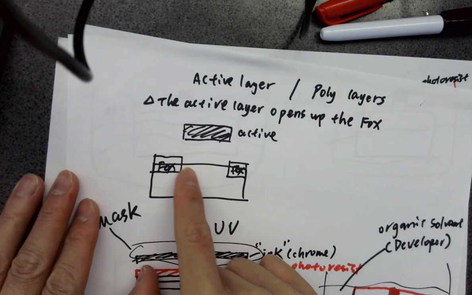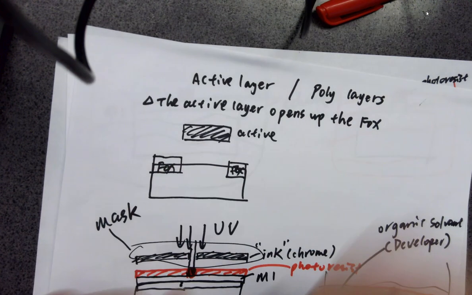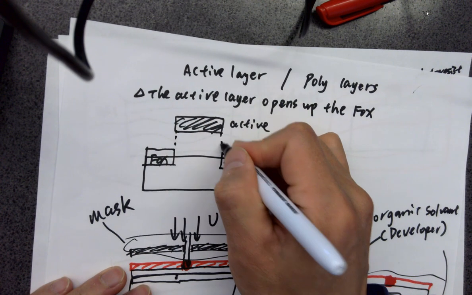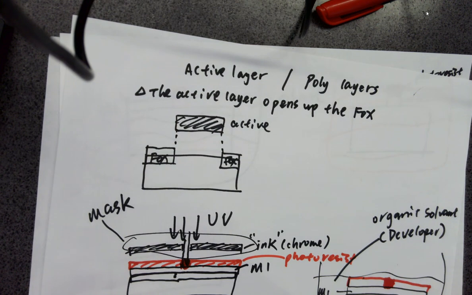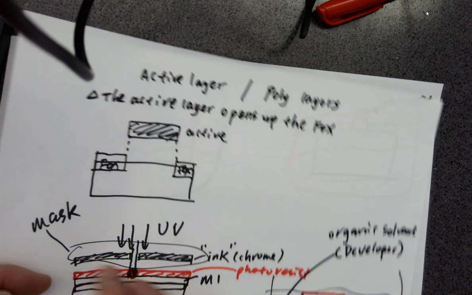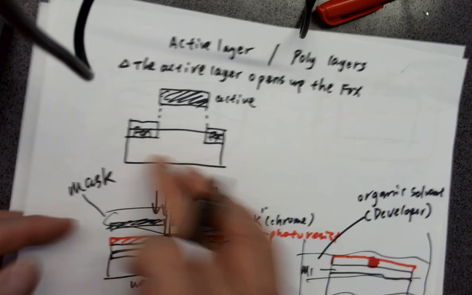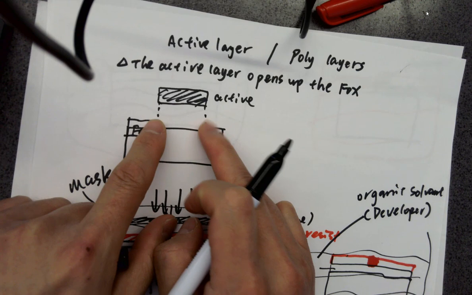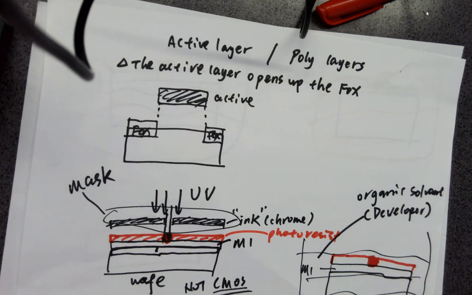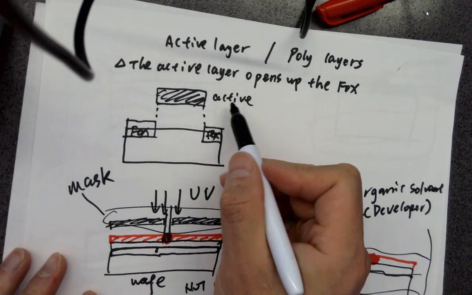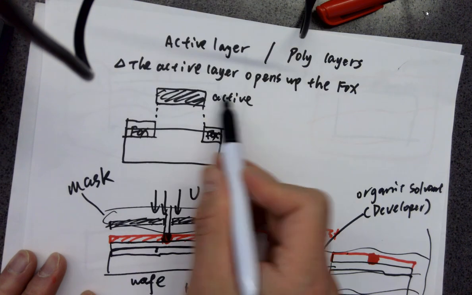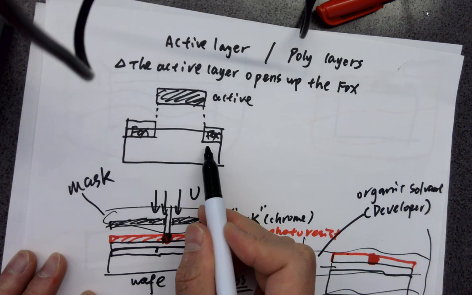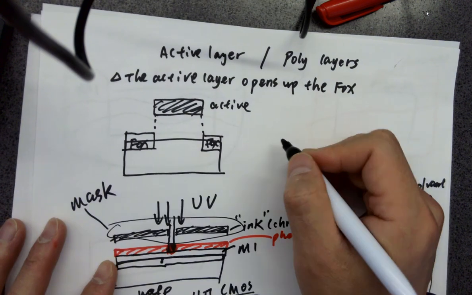Eventually, we'll be able to open up a certain area. It will be similar to the previous ones: you apply a photoresist, cover something, and then expose UV, and eventually use some chemicals to remove this part on the top of the wafer. So the active layer, as part of the mask, will be able to open up the FOX layer.